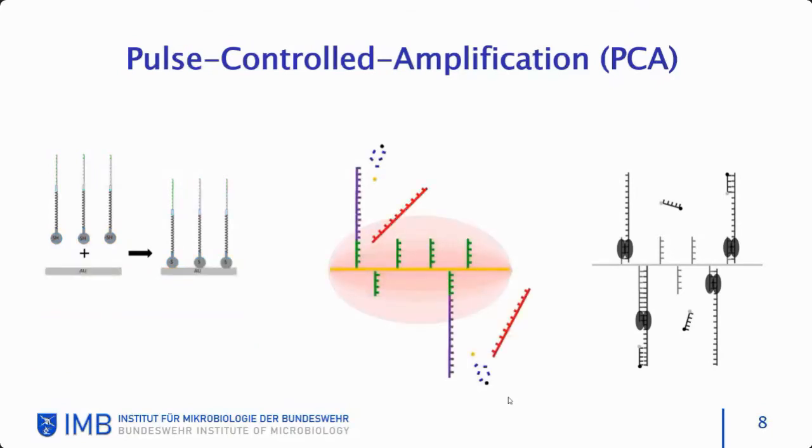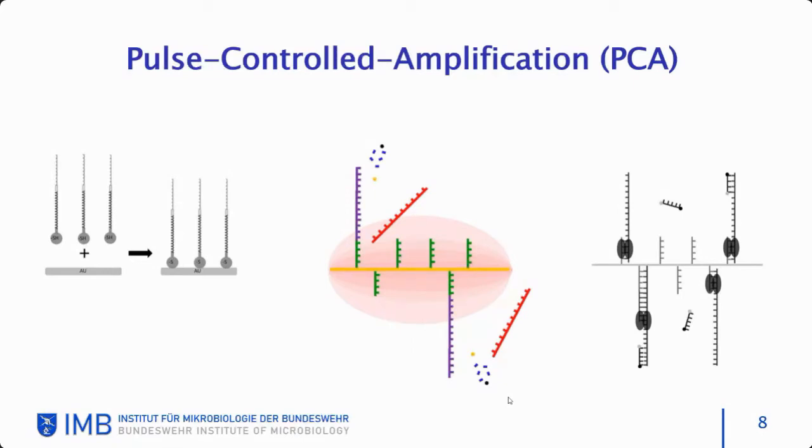And then PCA also uses thermal cycling, just like PCR. However, instead of the rather time-consuming alternating heating and cooling of the whole reaction mixture, rapid energy pulses are applied to the wires.